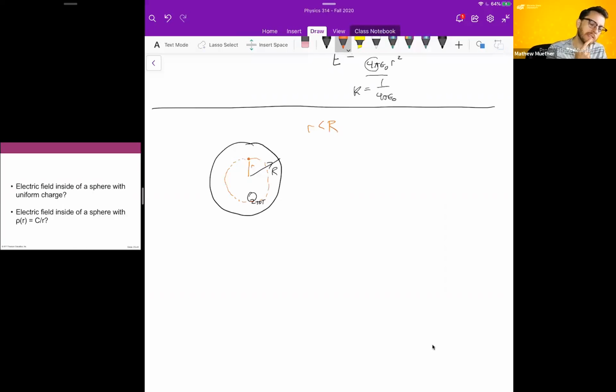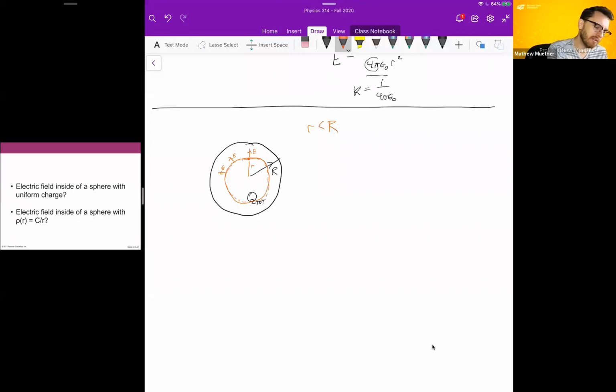Now I can make the same symmetry arguments. This charge distribution is still radially symmetric, so I know the electric field better be radially symmetric. The electric field better point radially outwards everywhere along this object and also be uniform in magnitude around that surface. So I can make that same argument.